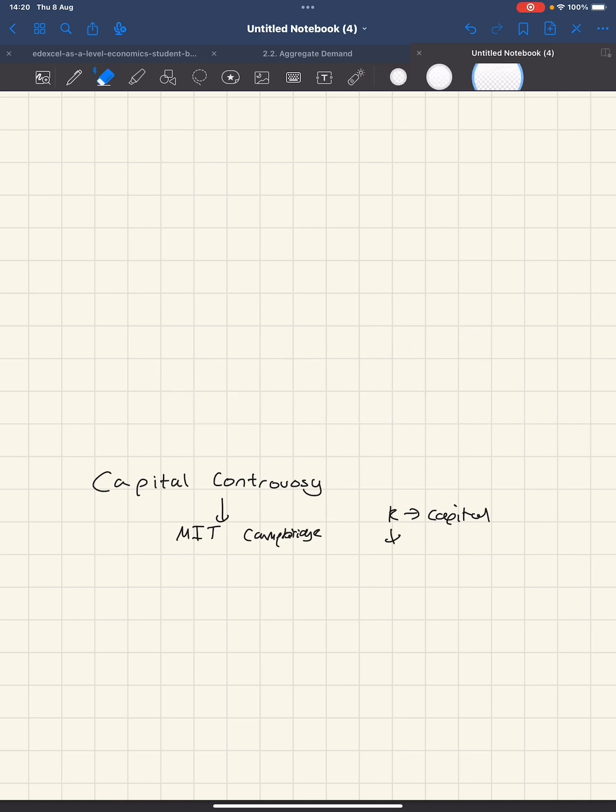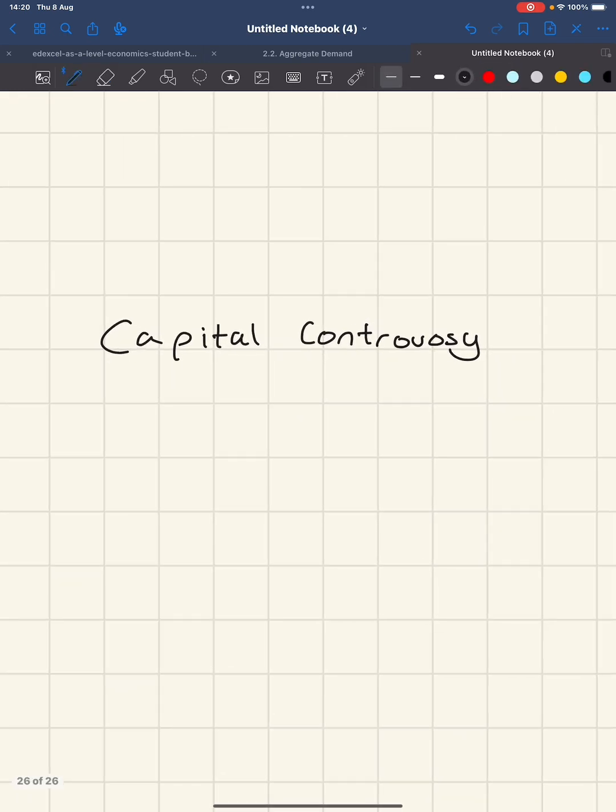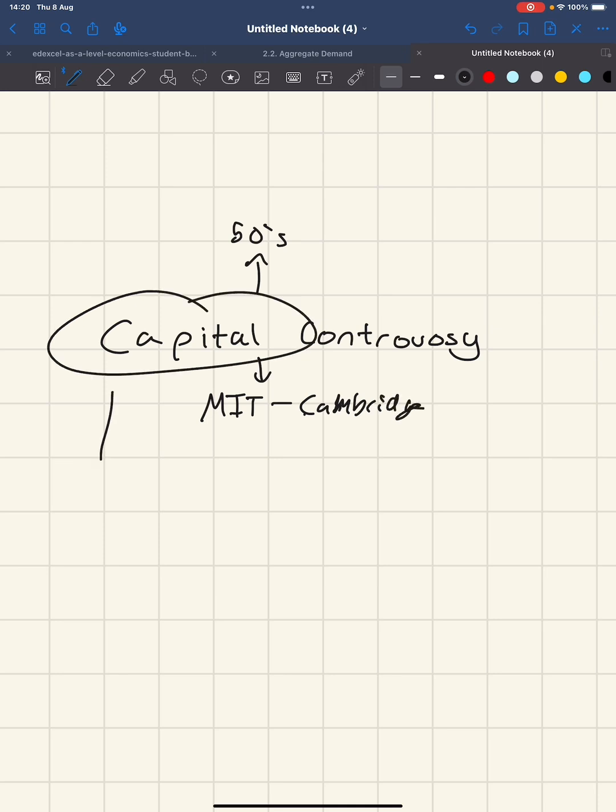So the issues with the production function. There are lots of different issues, but one major issue which came to light around the 50s was an argument between MIT and Cambridge regarding the idea of capital.